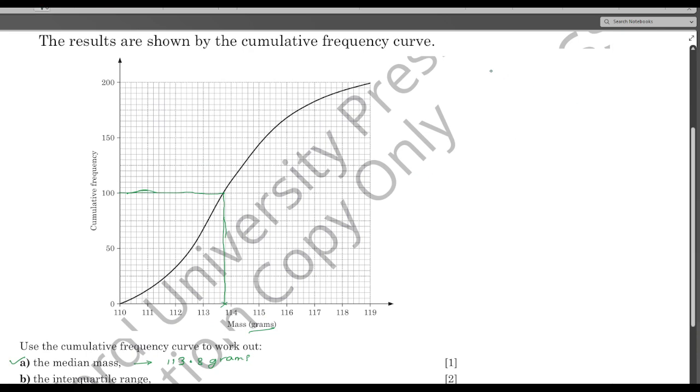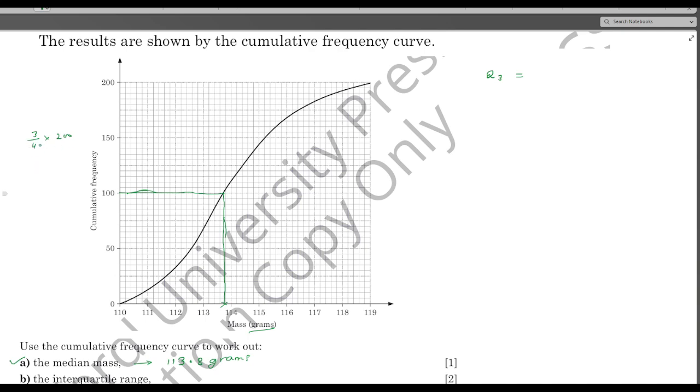Now Q3 is your third quartile. If I divide this whole data into four equal parts, each part is 1/4. So the third quartile Q3 will be at 3/4 of your total frequency, which is 200.